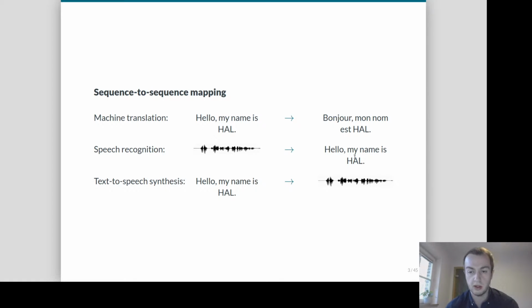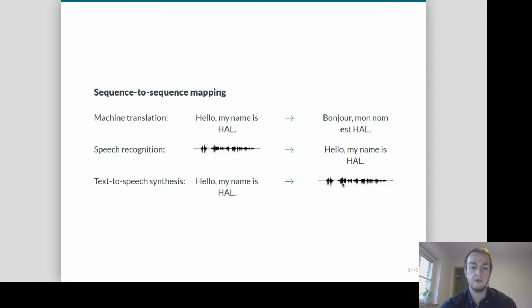So for example, to form an English sentence. And then the third problem, text-to-speech synthesis, will be the one of doing the opposite. So we'll start with an input sequence, which is, for example, written in English, and then we'll try to synthesize or to produce another sequence, an output sequence, but now which will be a waveform like this.